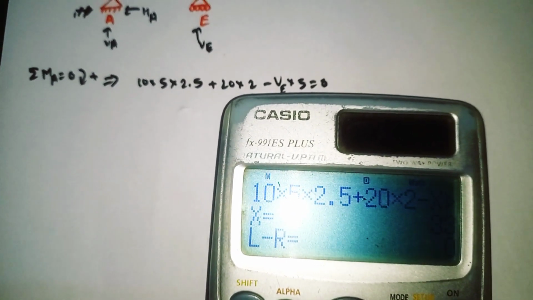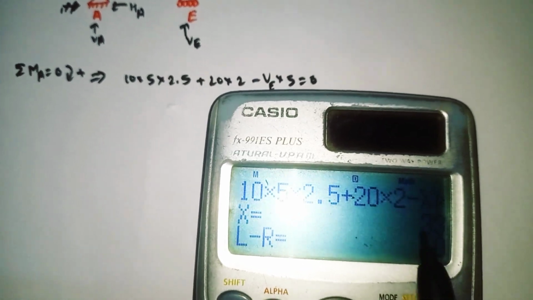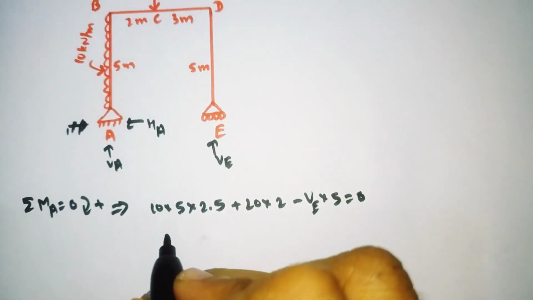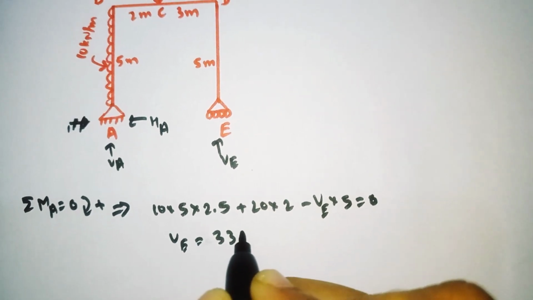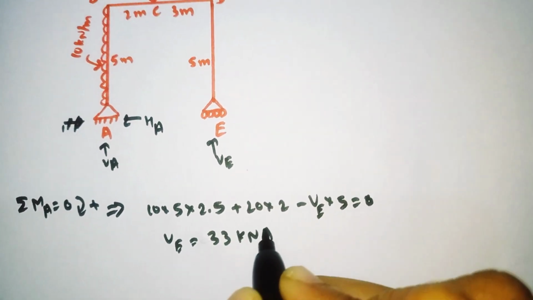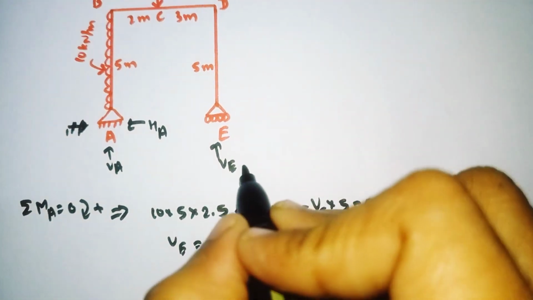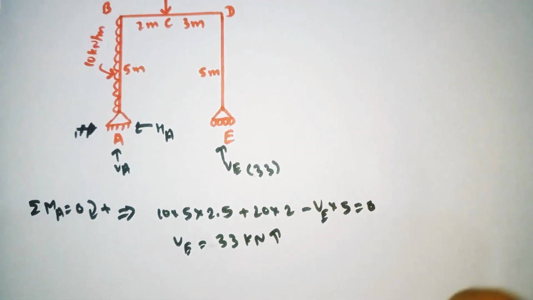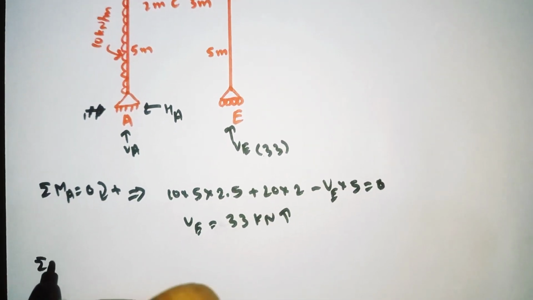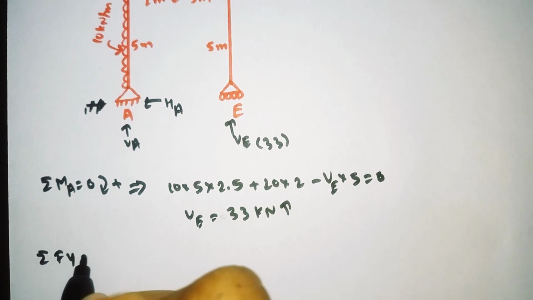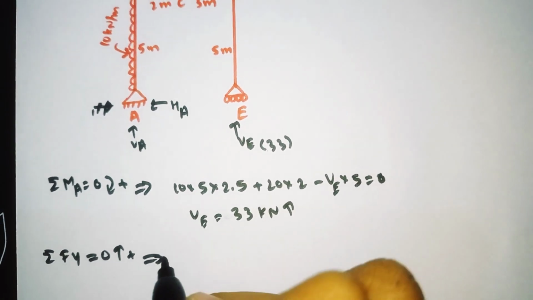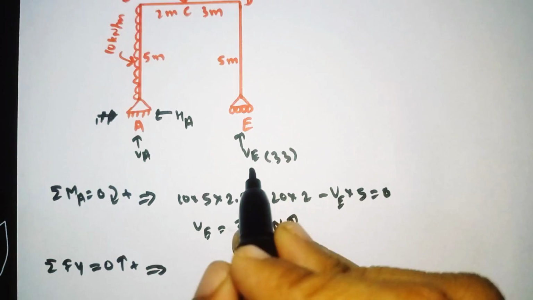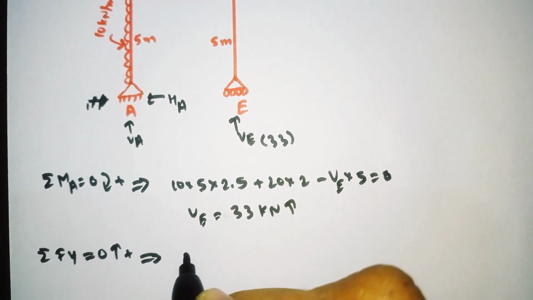So our V comes out as 33. Write it here, V is equal to 33. It is moving upward. Similarly, summation of all the vertical forces is equal to 0. Upward we take positive. Here VA and V are moving upward, so take positive.